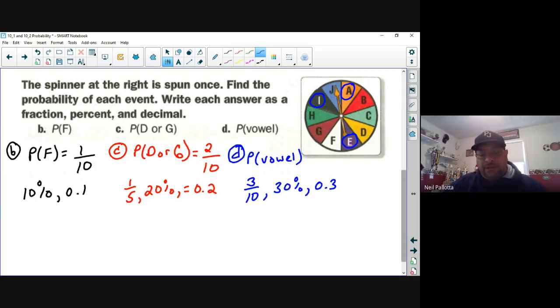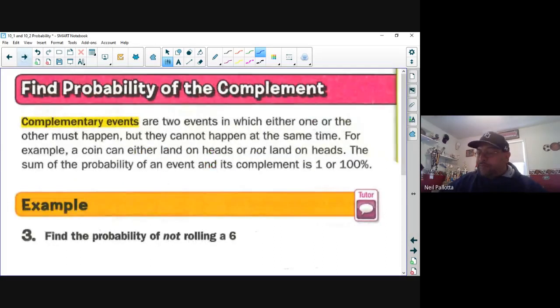All right? Not too hard. Probability is pretty simple. Right? Should make sense. All right, let's look at another vocabulary word. I think this is term number 6 for the lesson. We want to find probabilities of complements. Well, complementary events are 2 events in which either one or the other must happen, but they cannot happen at the same time.